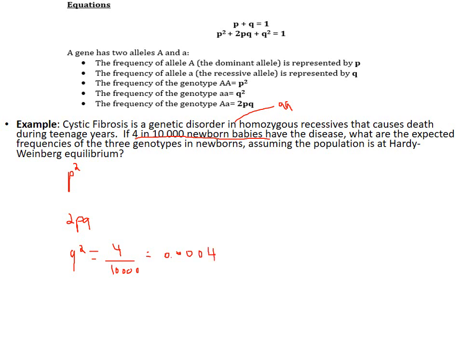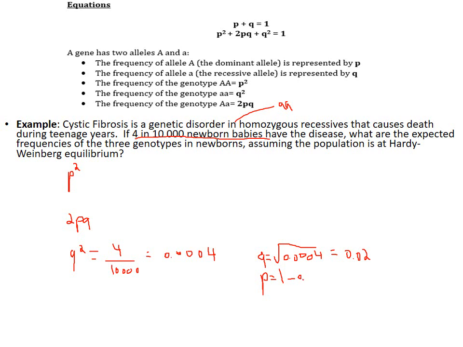Now that you have q squared, you can find q by doing the square root of 0.0004, and you get 0.02 as your q.